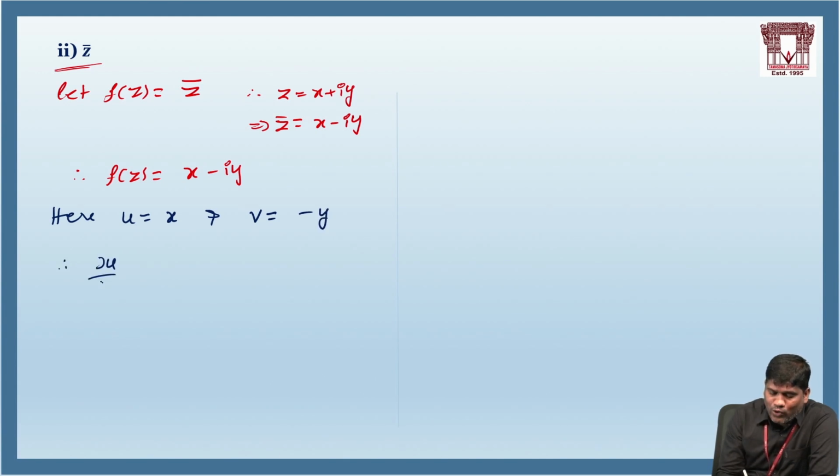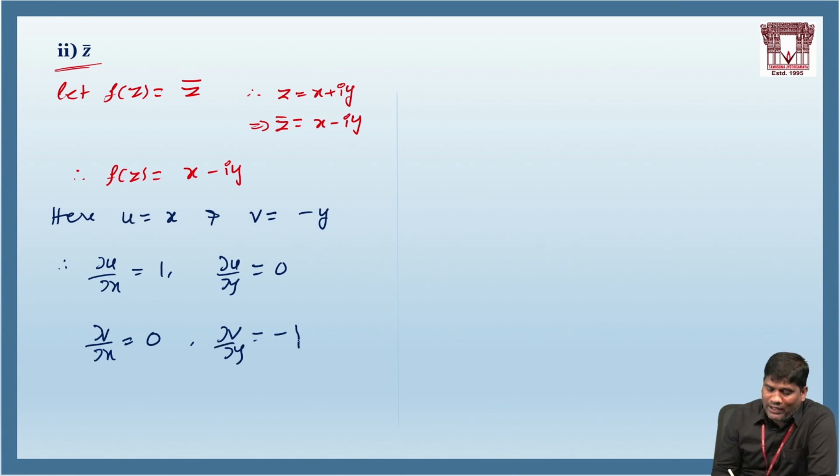Therefore, dou u by dou x is equal to 1. Dou u by dou y is 0, since it does not contain y. Then dou v by dou x is equal to 0. Then dou v by dou y is equal to minus 1. Here dou u by dou x is not equal to dou v by dou y. So u and v do not satisfy the Cauchy-Riemann equations.